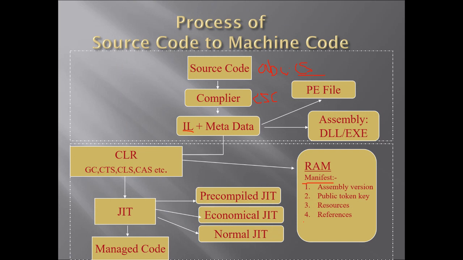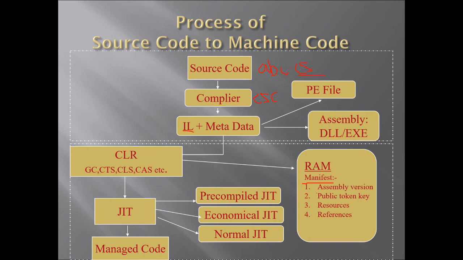So you inform RAM what resources, what references, what public token key, and what version are going to be executed on that operating system. So that kind of information needs to be provided to RAM, so that RAM is aware of what kind of files get executed, and what kind of resources are required to execute that file. That information is provided to RAM in the form of the manifest file.